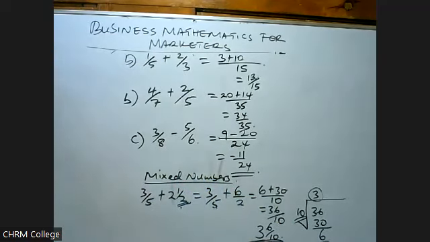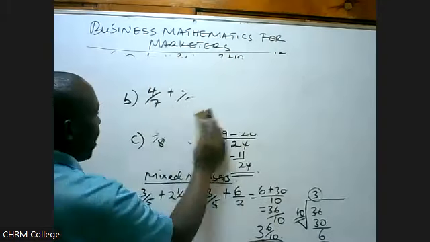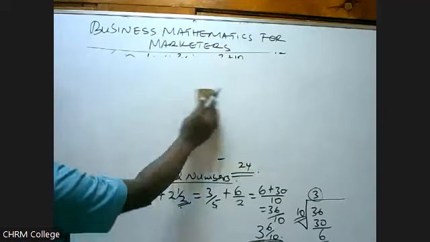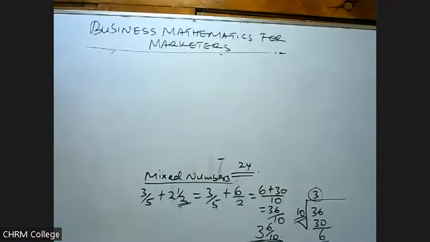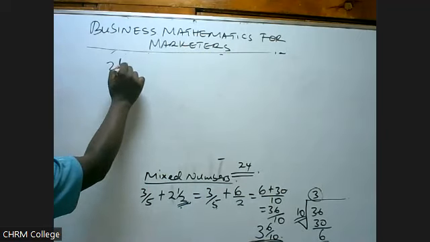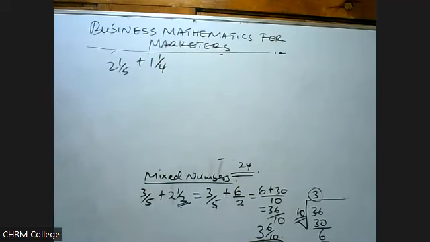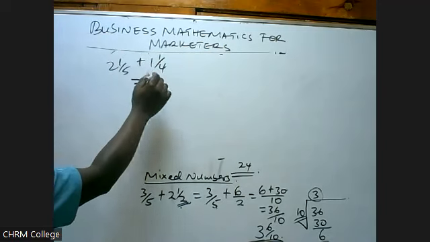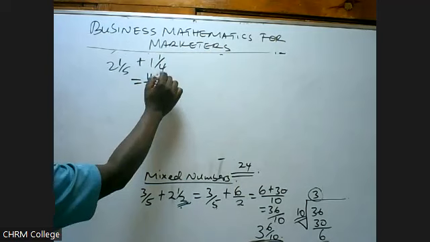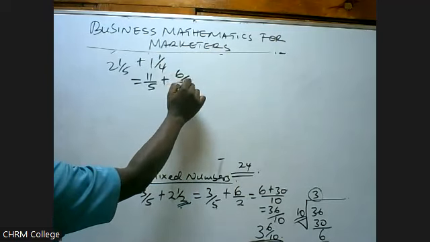So anytime you are adding or subtracting a mixed number, you need to convert it first of all into an improper fraction. For example, you have 2 and 1 over 5 plus 1 and 1 over 4. First of all, convert them into improper fractions. This is the same as 2 times 5, 10. 10 plus 1 is 11 over 5, plus 1 times 4 is 4, 4 plus 1 is 5 over 4.